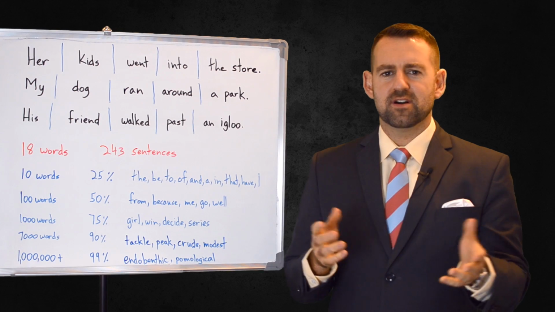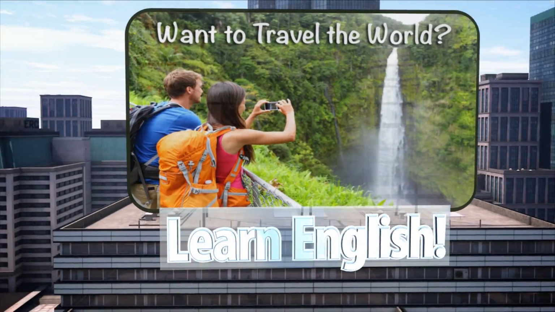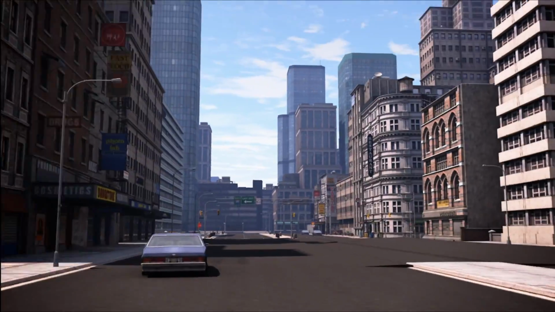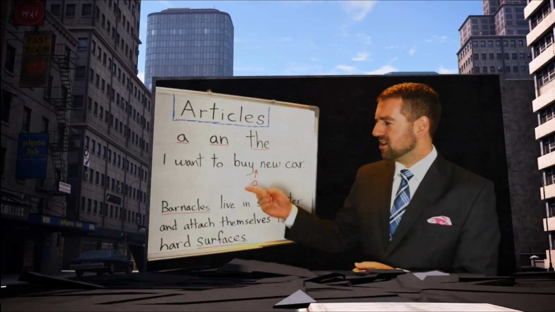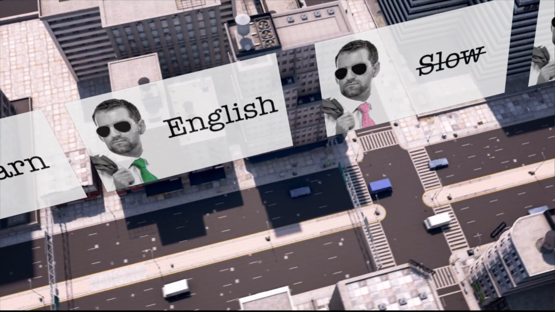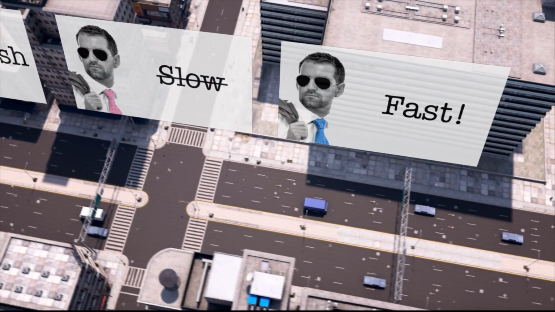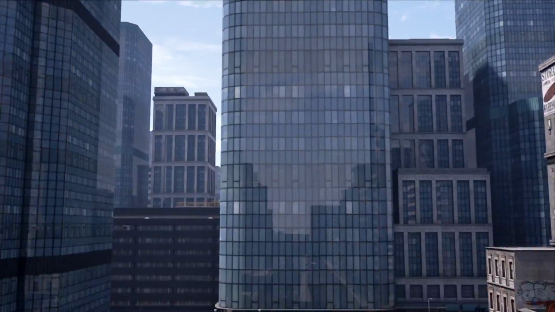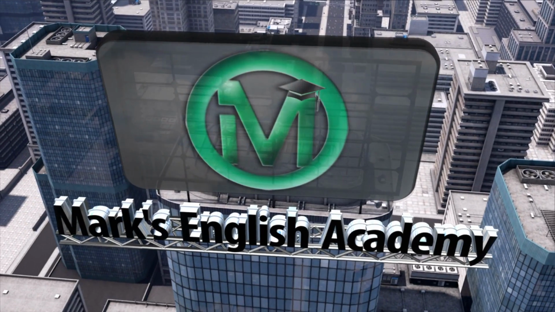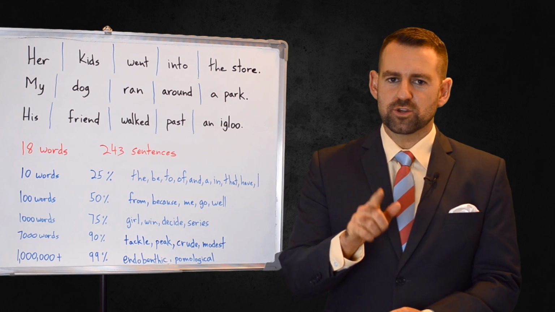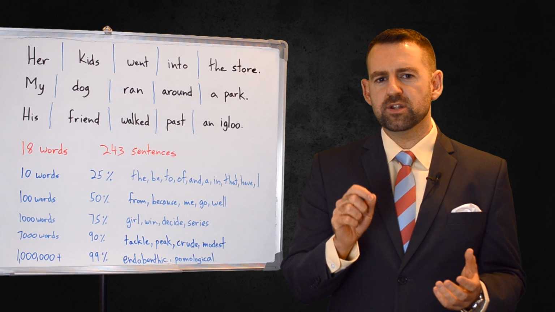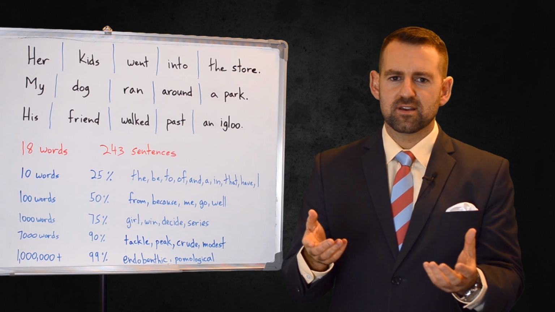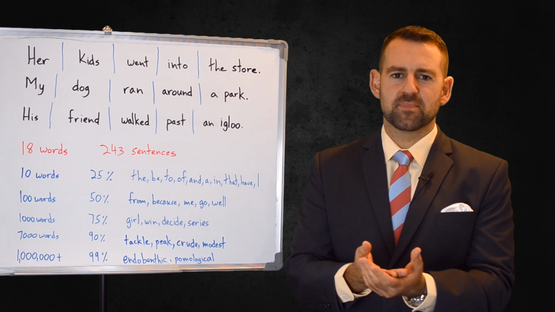I want to show you how I teach English fast. The problem with your English is that you probably know lots of words, but you don't know how to use them.